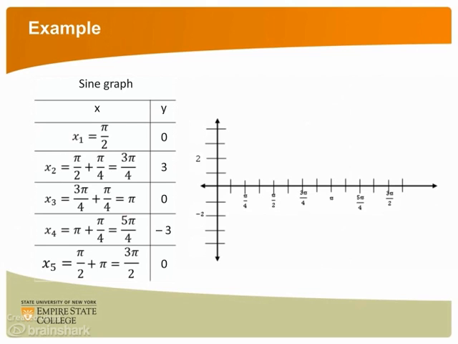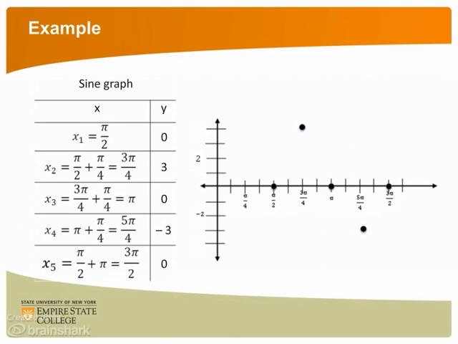The y value for x sub 4 is negative 3, which is the opposite of the a value. So we have the points (pi over 2, 0), (3 pi over 4, 3), (pi, 0), (5 pi over 4, negative 3), and (3 pi over 2, 0).